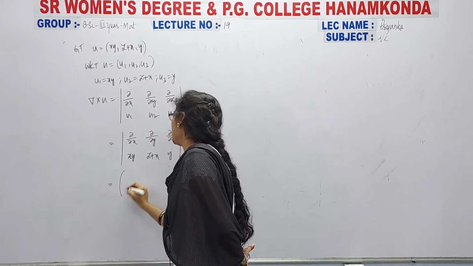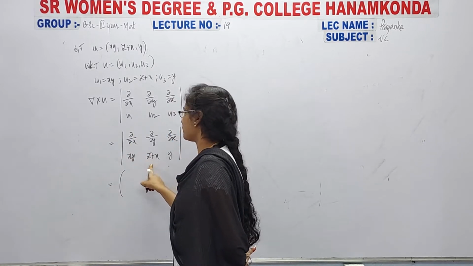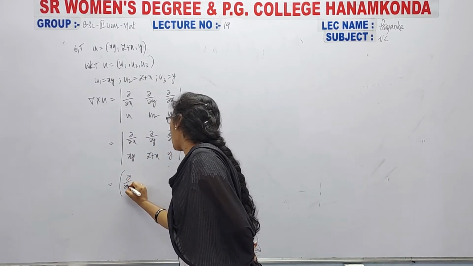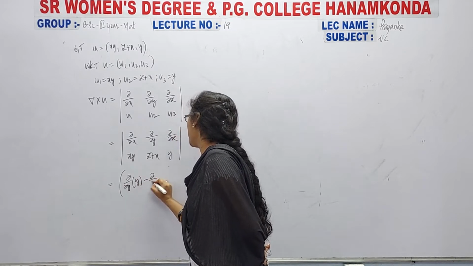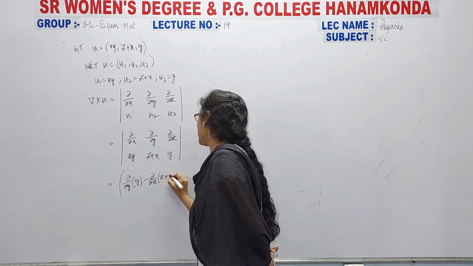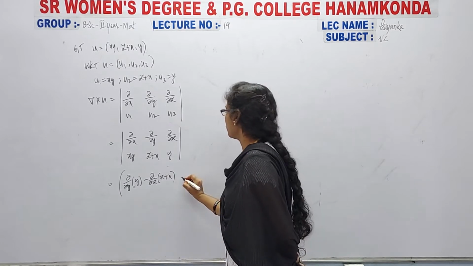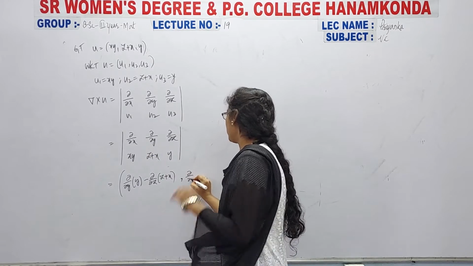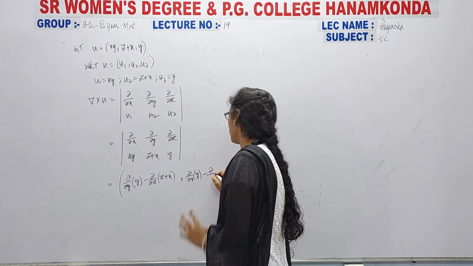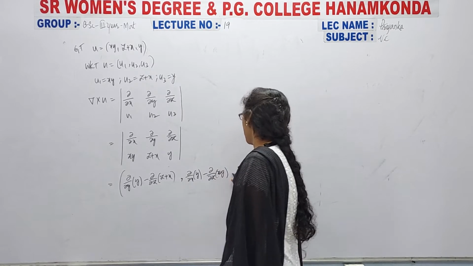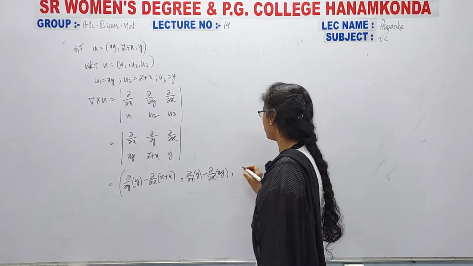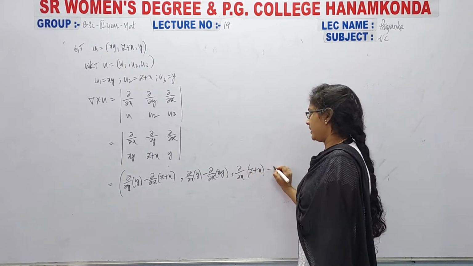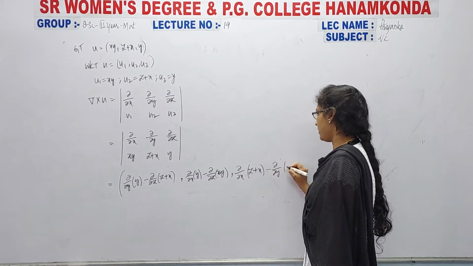Then what we get here: dou by dou y of y minus dou by dou z of z plus x, just now I gave the formula. Next, dou by dou x of y minus dou by dou z of xy. Last one, dou by dou x of z plus x minus dou by dou y of xy.